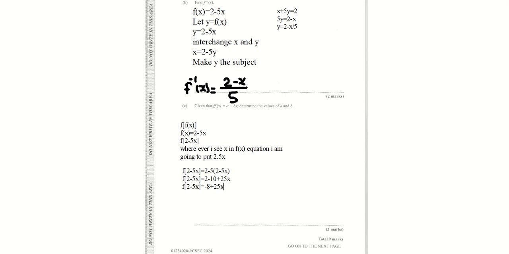If you compare it to a plus bx, b is your coefficient of x, so b is equal to 25 and a would be equal to minus 8. And that is how you would do this question. And that is the end of number 4, 2024.